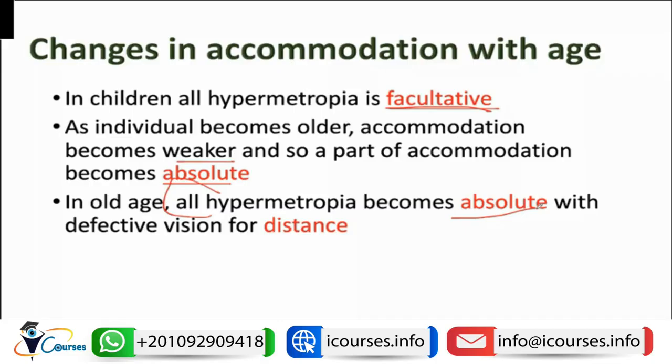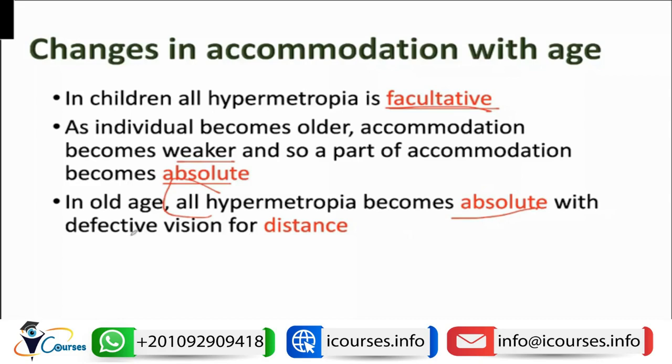As we get to about 60 or 65 years old, the dioptric power becomes +1 diopter. As we get older, like 70 or 75 years old, there is no power of the lens at all. So there is no accommodation, and all the facultative becomes absolute.